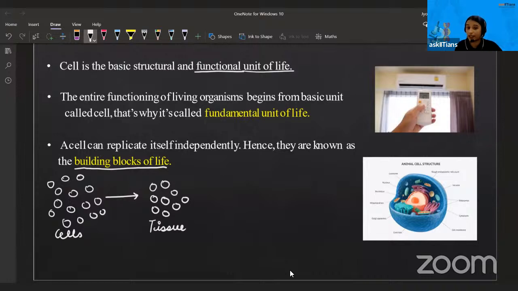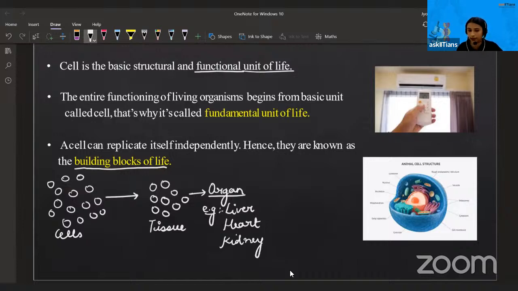When these different tissues come together, they form an organ. Can you give me some examples of organs? Like your liver, your heart, your kidney. These are all examples of organs.